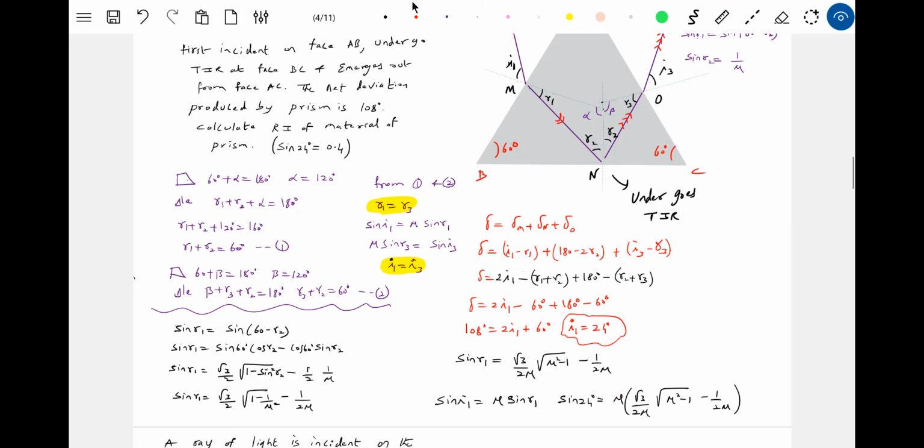So solving this, here mu will get cancelled. Sine 24 degrees we know. So solving we will get the mu.